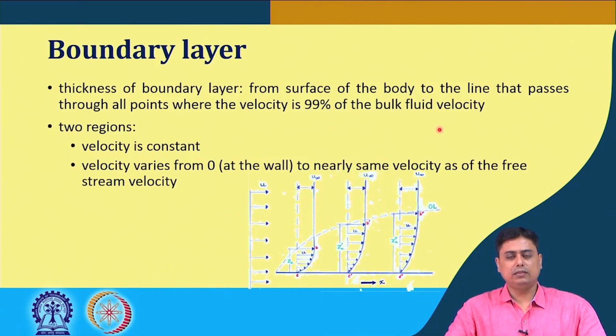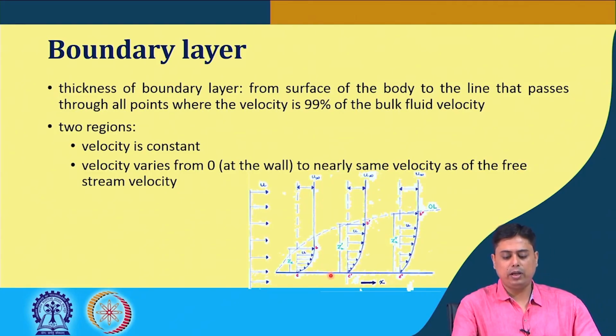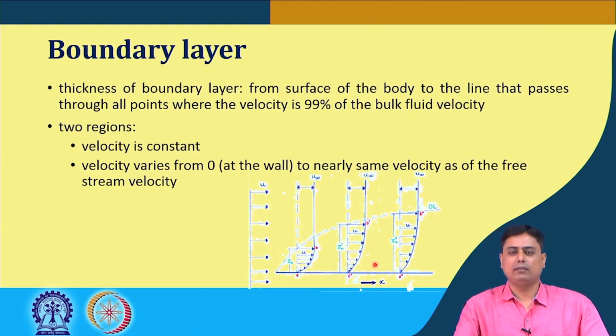The thickness of the boundary layer depends on the type of body or object we are considering, so again we stick to the flat plate example. We define the thickness from the surface of the body to the line that passes through all points where the velocity is nearly the same as the bulk velocity.